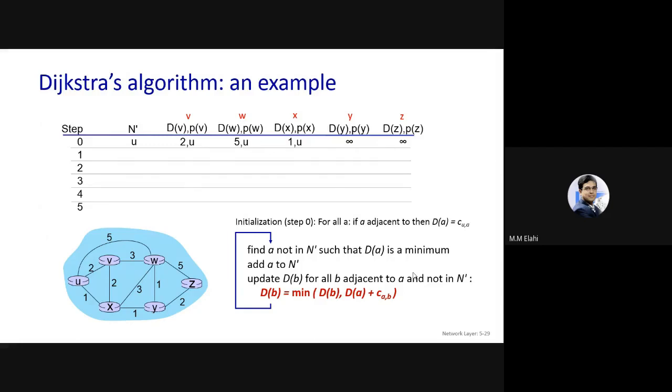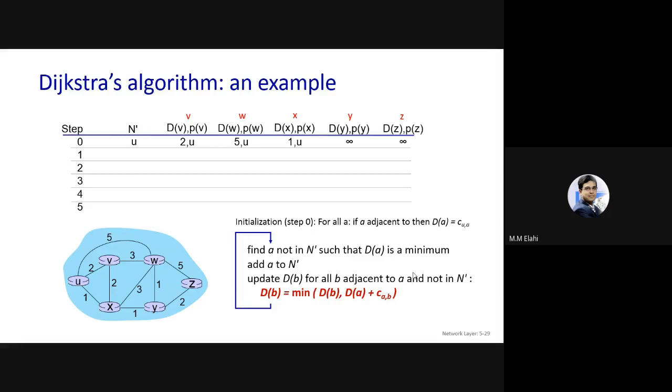Can you follow? In case of W, U to W, the cost is 5, right? Direct cost is 5. In this case, what is the predecessor node? U. So if destination is W, and if we consider direct cost, then predecessor is U.